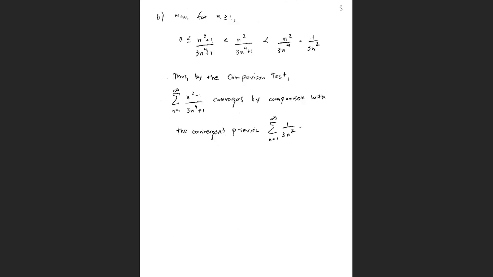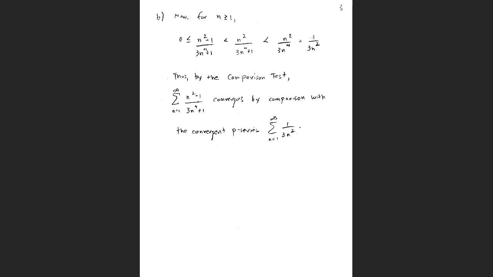So in this problem, for the solution, I don't just do the comparison in one step. I do it piece by piece. First of all, when n is greater than 2, the terms of the series are all going to be positive.